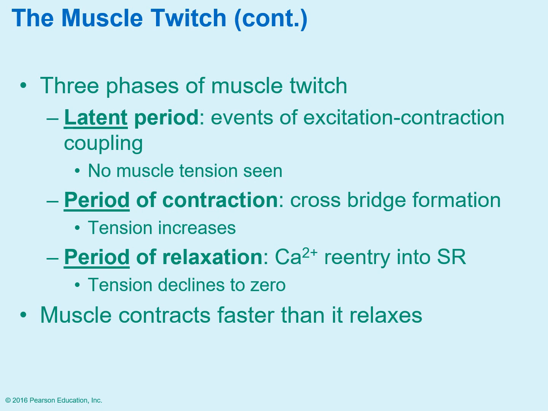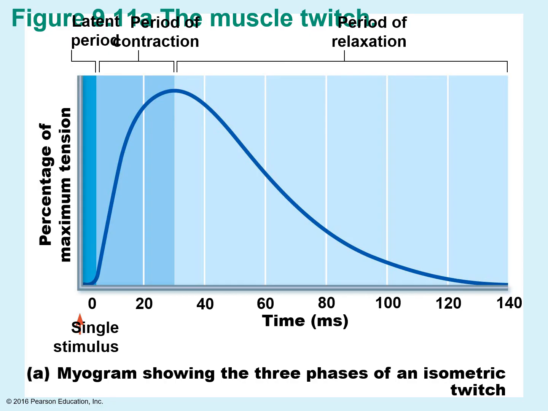Muscles will contract very quickly, and it takes a little longer time for it to really go back to its resting state. So here is your latent period in this darker blue right here. Here's the contraction period. You've got the cross-bridging occurring. So this is the acetylcholine binding to the muscle.